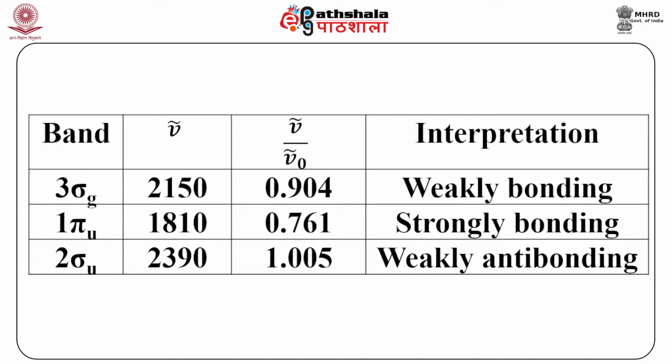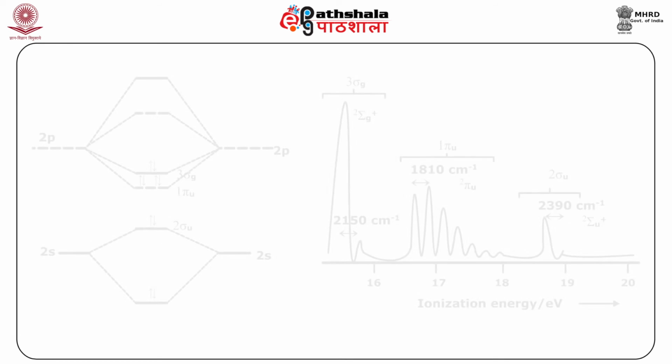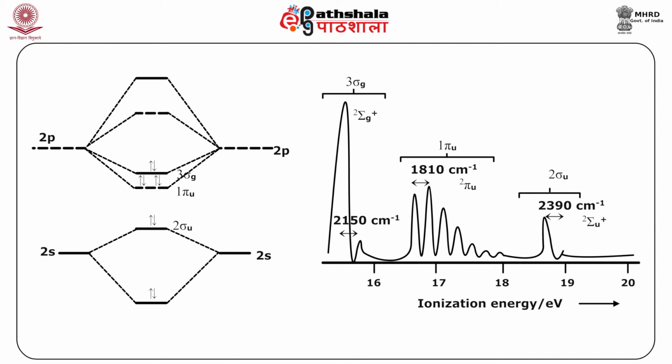When the ionization is from 1πu, then the ν̄ value is 1810 compared to 2379, the ratio is 0.761, that means that it is strongly bonding, and in 2σu the ν̄ value increases to 2390 and the ratio is 1.005, it is greater than 1. So, it is weakly anti-bonding, and you can see all that we have said here in the figure, which shows the photoelectron spectrum of nitrogen and the vibrational spacing in various N2⁺ states.